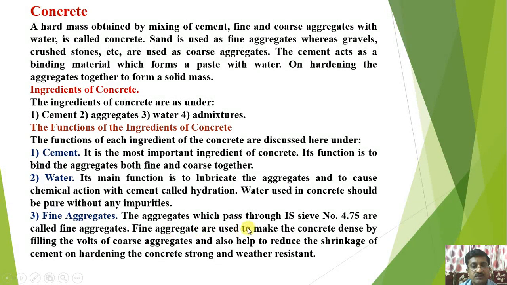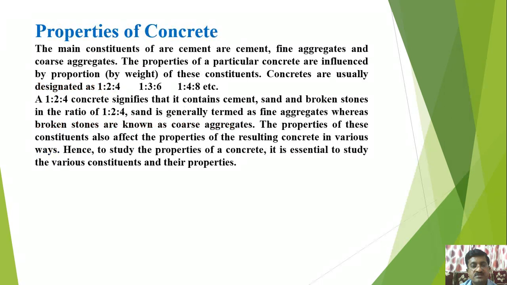Fine aggregates are used to make the concrete dense by filling the holes of coarse aggregates, and also help to reduce the shrinkage of cement on hardening, making the concrete strong and weather resistant.